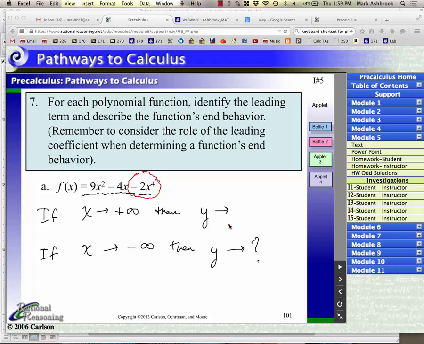Because x to the 4th will inevitably completely overwhelm the other exponents. It will be far, far more important in the long run. Okay. We've established that. But now we're trying to get a conclusion for what y will be. Because it will be so overwhelmingly huge, because it's a negative, it will force the graph downward.